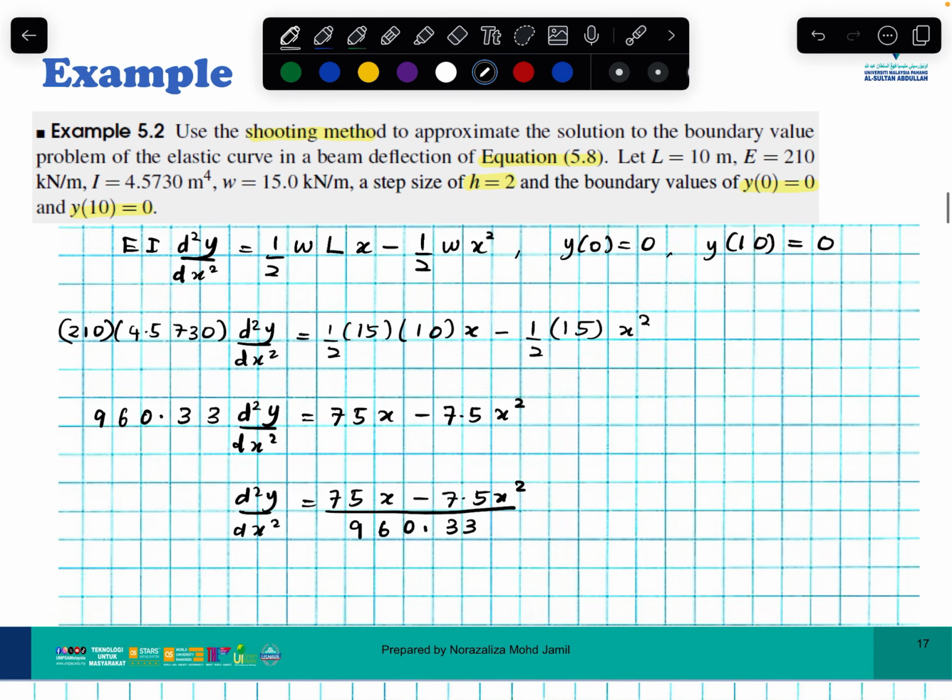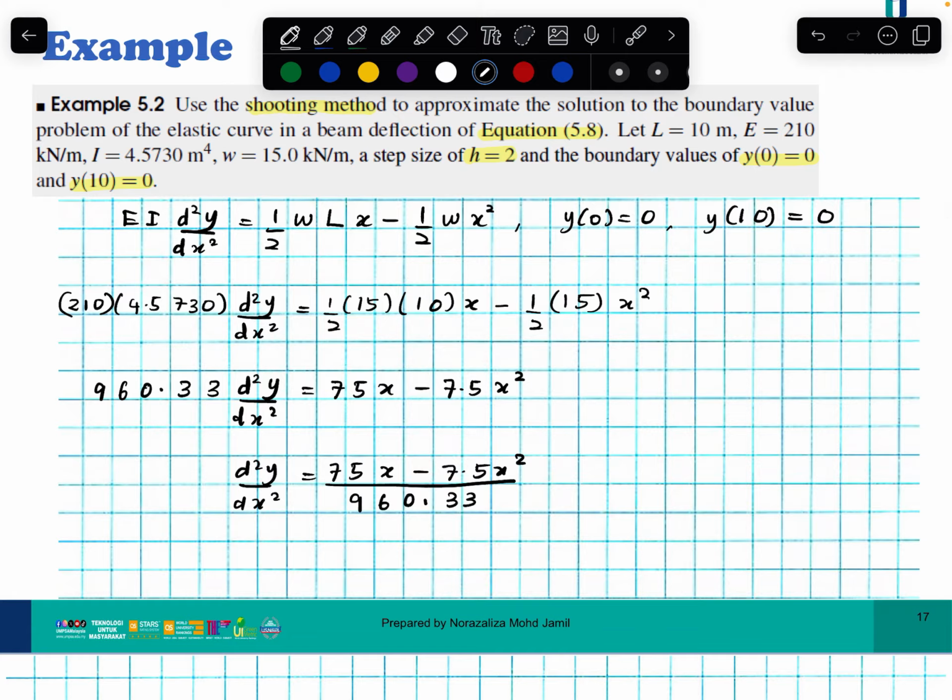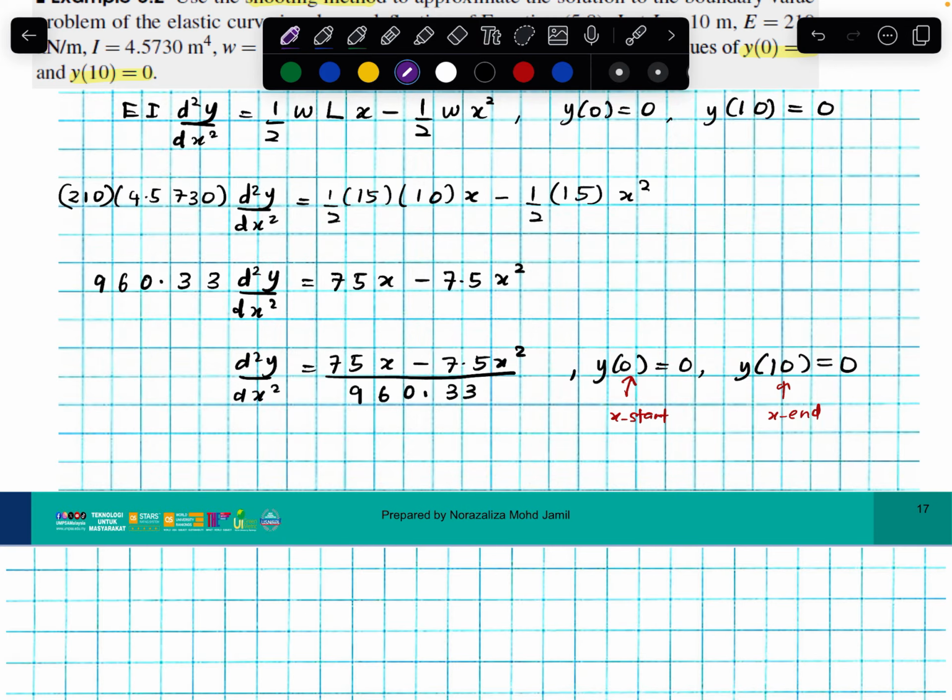Okay, so this is the second order differential equation that we want to solve, with the boundary conditions y(0) equals 0 and y(10) equals 0. In other words, the values inside the brackets are the starting value of x and the end value of x, 0 to 10.